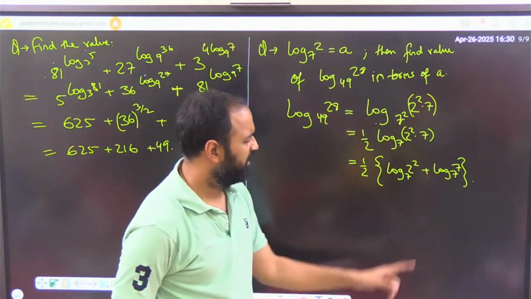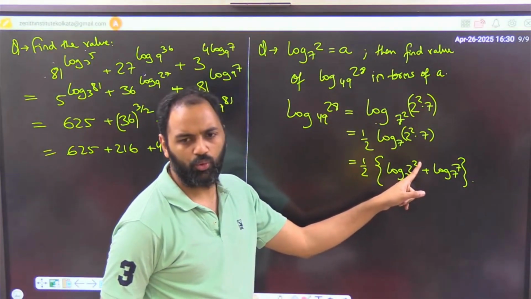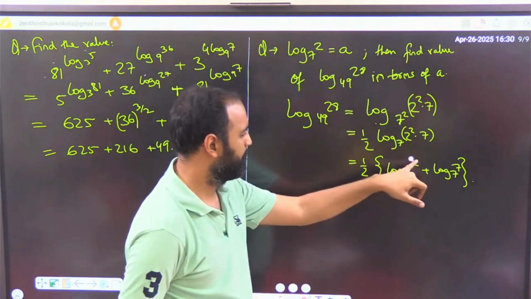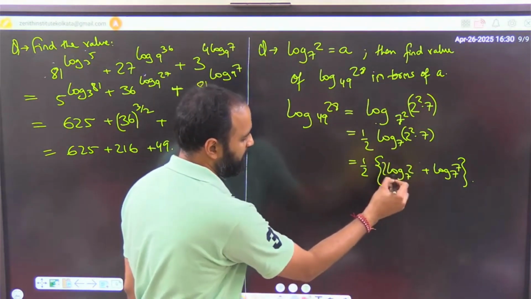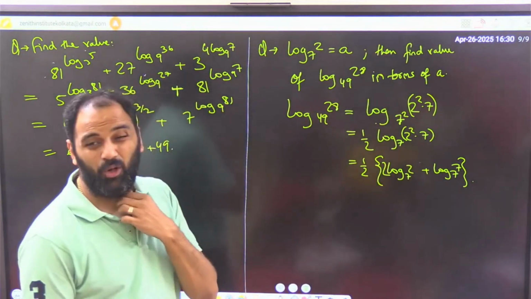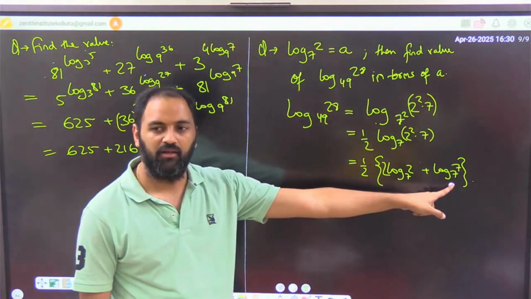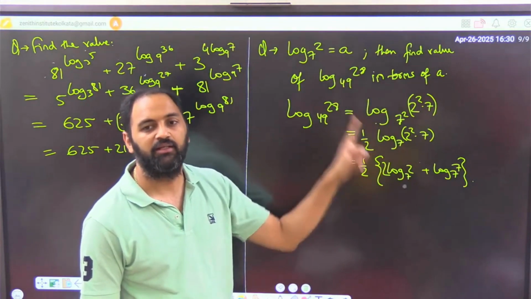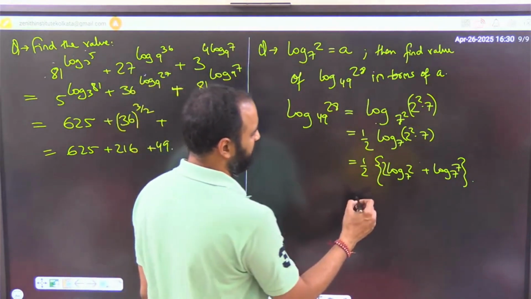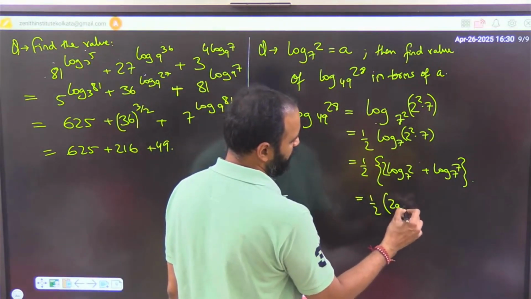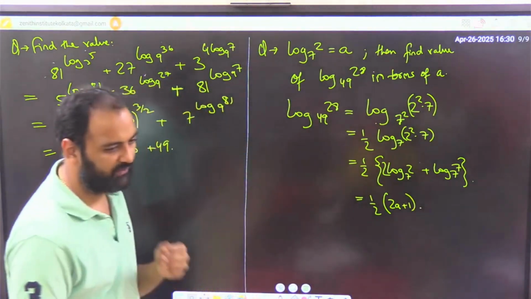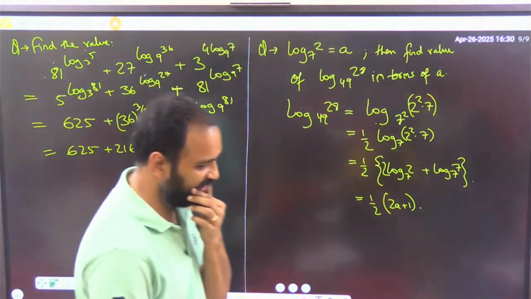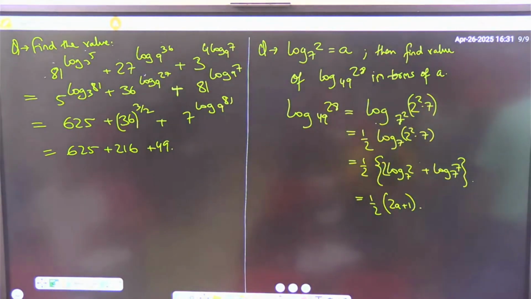Now this 2 will jump out. And what will be the value of the next part? Log 7 to the base 7 is 1. And what is the value of log 2 to the base 7? A, given here. So what will be the answer? This is half of 2A plus 1. If log 2 to the base 7 is A, then log of 28 to the base 49 would be half of 2A plus 1.